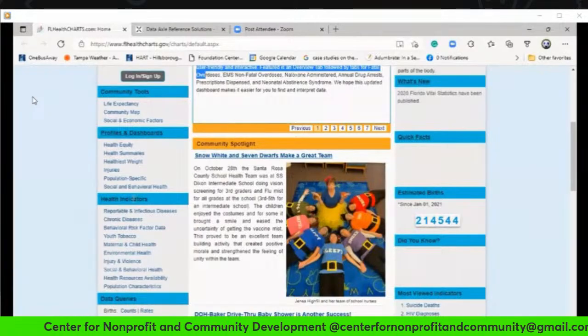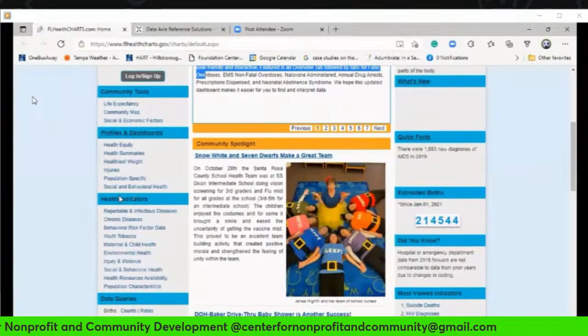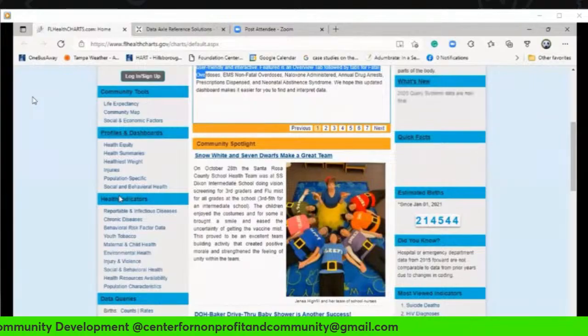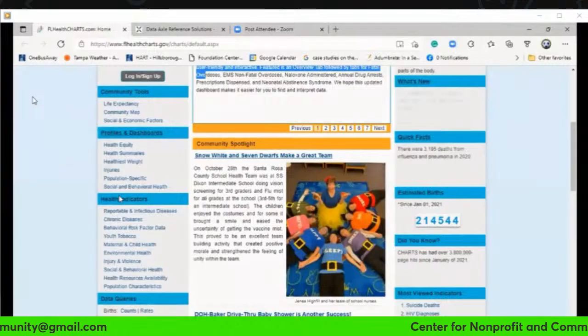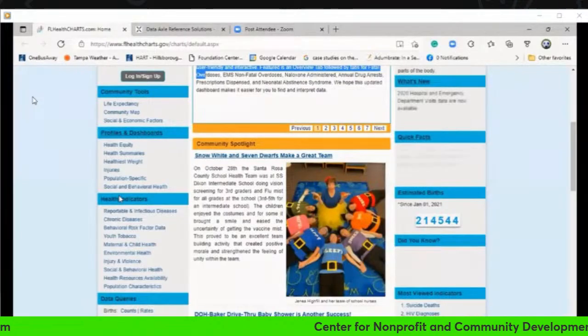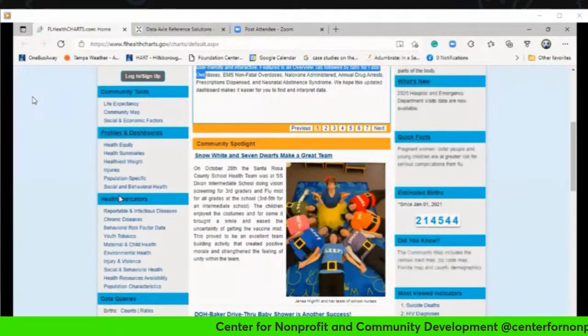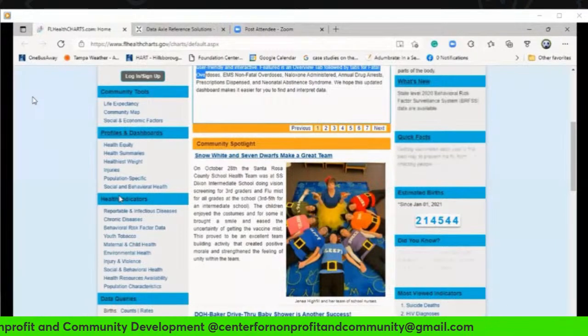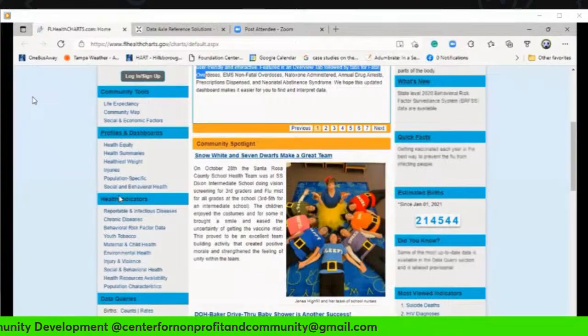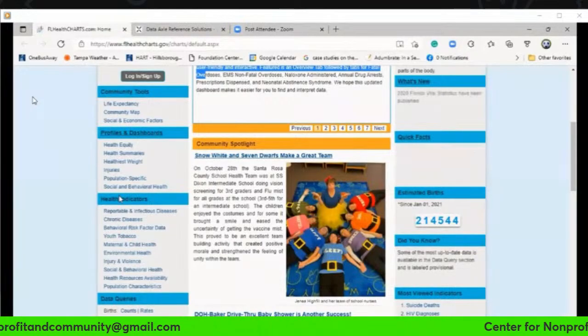Now, it also allows us to look at profiles and other dashboards. For example, we can look at health equality or lack thereof. We can look at different summaries when it comes to health. We can look at health as it relates to weight, and injuries.